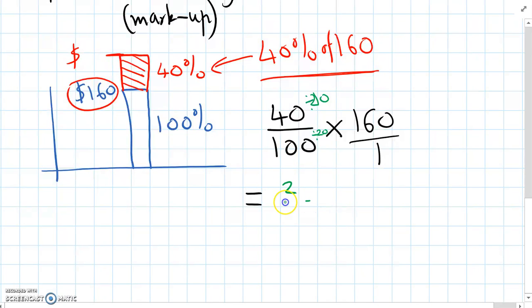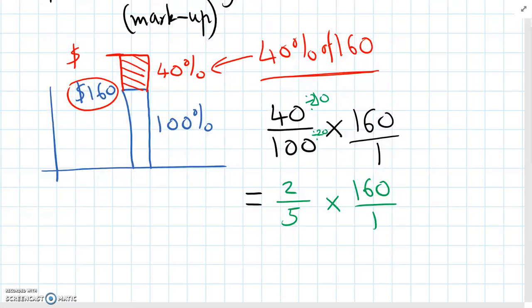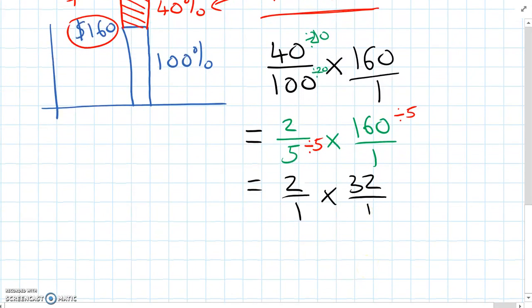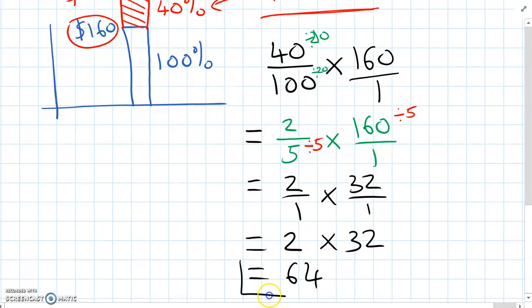So we have 2 over 5 times 160. And we can also cancel diagonally here, because 5 goes into 160. It goes in 32 times. So now we have 2 over 1 times 32 over 1. And any fraction over 1, that's the same as a whole number. 2 times 32, 64 in total.